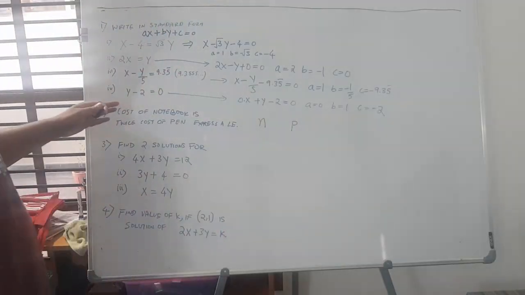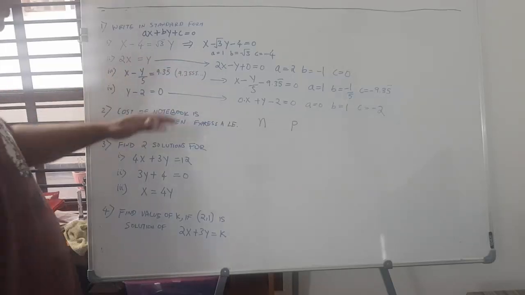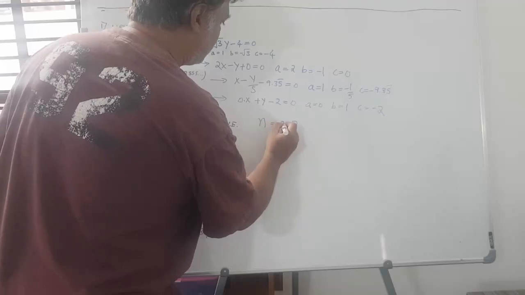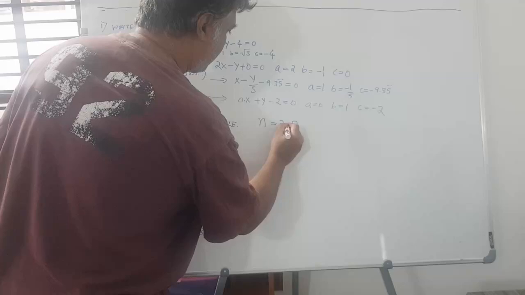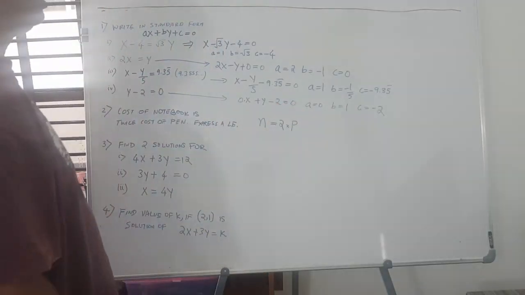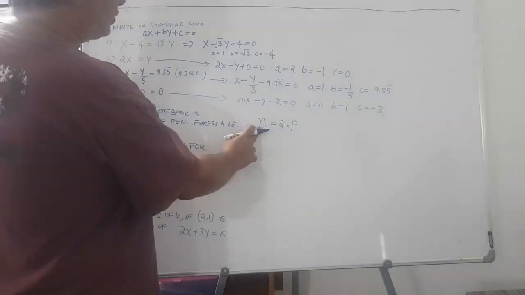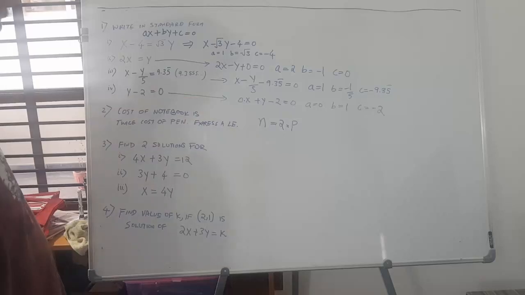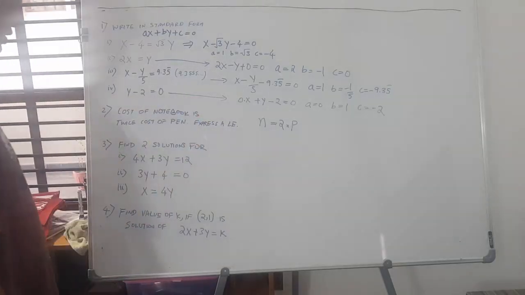What the problem is saying is the cost of the notebook is 2 times the cost of the pen. So n is equal to 2p, where n is the cost of the notebook and p is the cost of the pen, and the linear equation n is equal to 2p expresses this relationship.